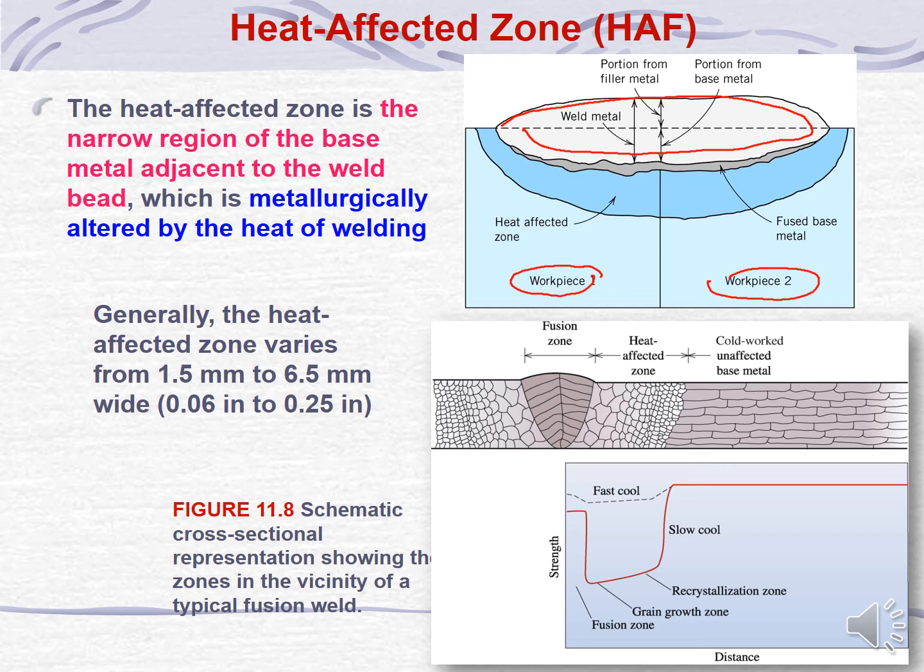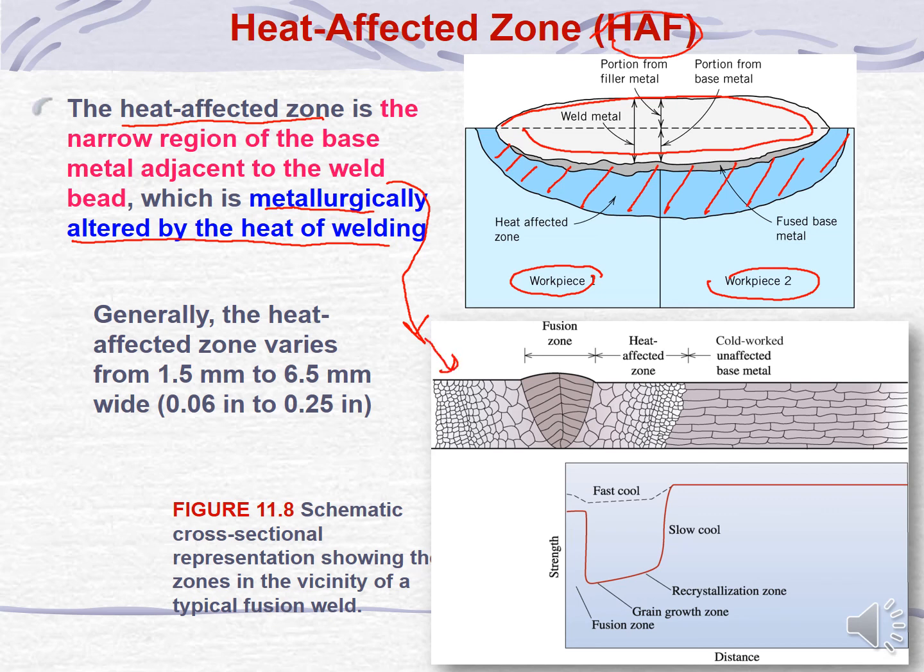Because of the heating during the process, it will produce a heat affected zone, or HAZ. This zone is adjacent to the weld bit. So this is the heat affected zone, which is metallurgically altered by the heat of welding. Metallurgically altered means that the microstructure changes during the welding process due to the heat.